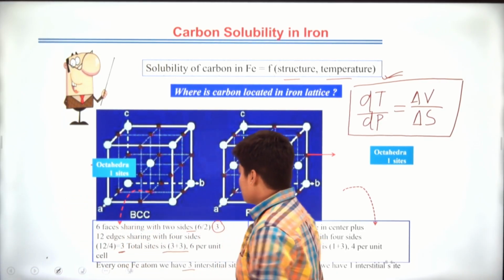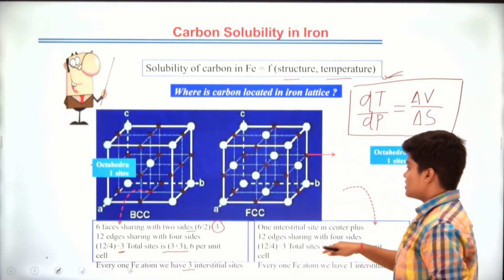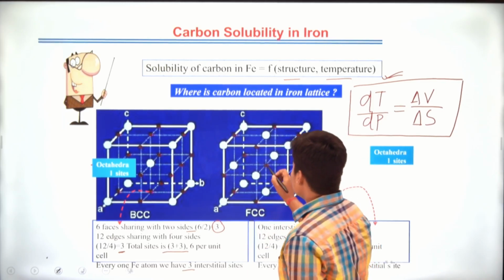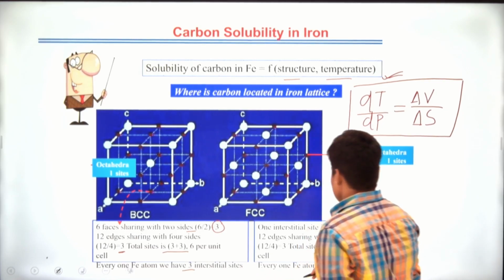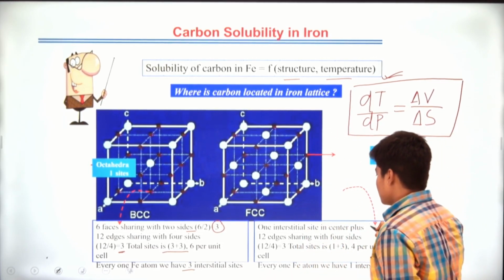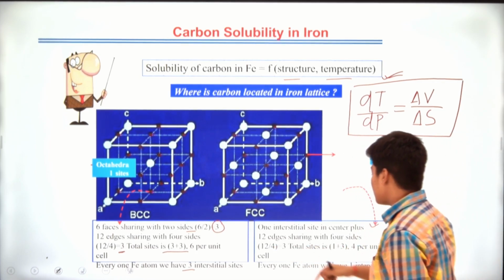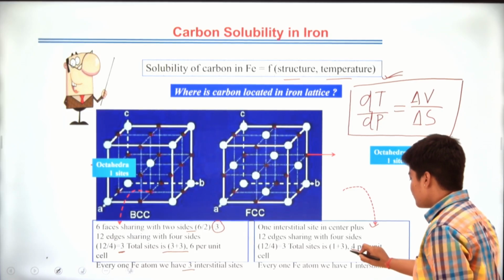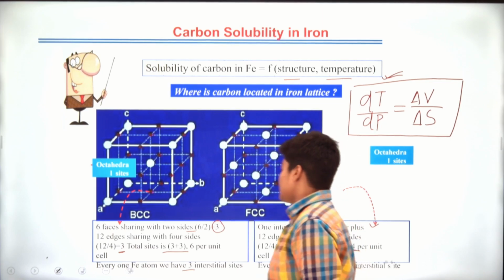Similarly for FCC we can calculate. One interstitial site is in the center, because in FCC one void is present at the center. The 12 edges are vacant and shared by 4, so 12 by 4 is 3, and 1 plus 3 is 4. So in FCC, for every Fe atom we have one interstitial site.